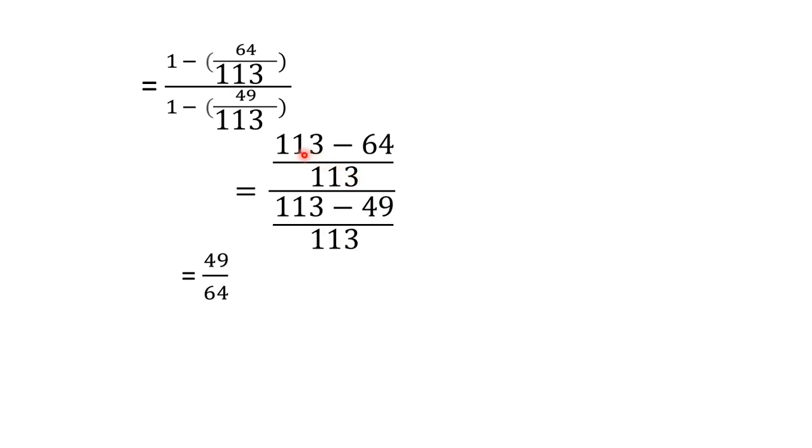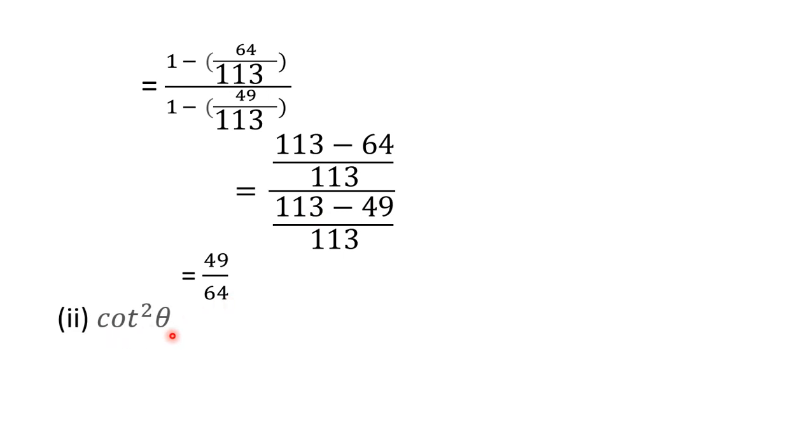So we get 113 minus 64 upon 113 minus 49. This subtraction gives 49 and this subtraction gives 64. So the answer is 49 upon 64 for the first part.